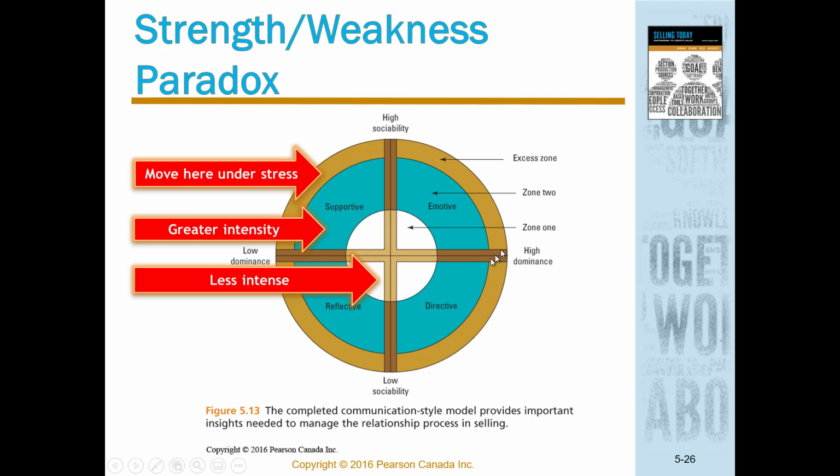When you are in zone 1, which is represented here by the white, you are less intense than other types, I should say, styles. Here it is very difficult for people to figure out who you are, because you're closer to the center. And when you are emotive in zone 1, you're not as emotive as someone in zone 2 or zone 3.